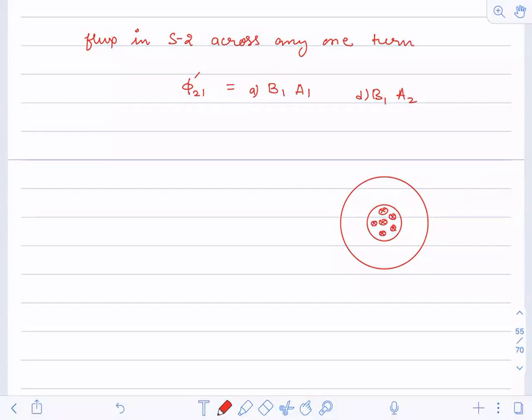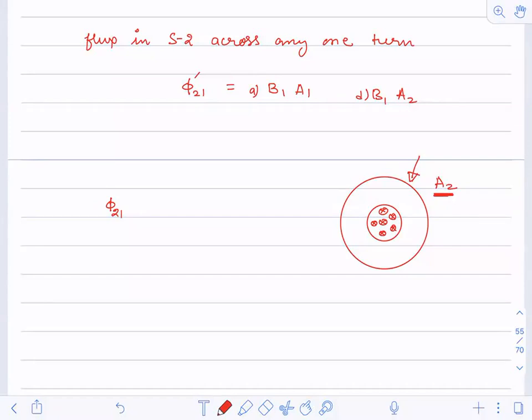Now, if I want to find out the flux in coil 2 due to 1, it's correct that the flux you are calculating is for this coil, whose area is A2. But is it correct to say that the complete area is having a magnetic field, or only this portion is having a magnetic field?